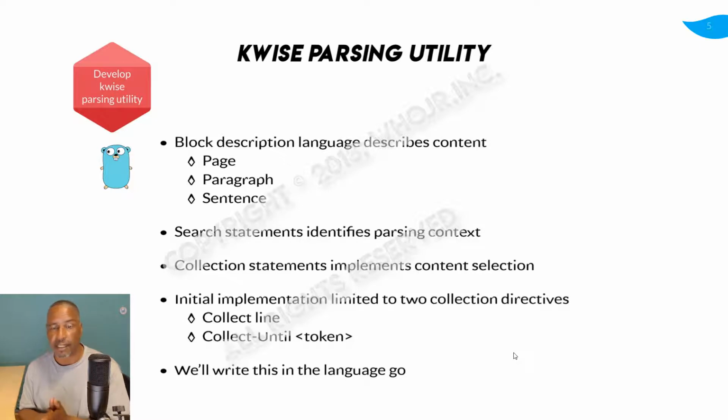Actually, only the sentence will have attributes initially, and those initial attributes will be to collect a line of text and to collect a line up into a token. Okay, and so we'll have basically 2 types of statements. We'll have pattern statements and we'll have collection statements. And this will be written inside of Go.